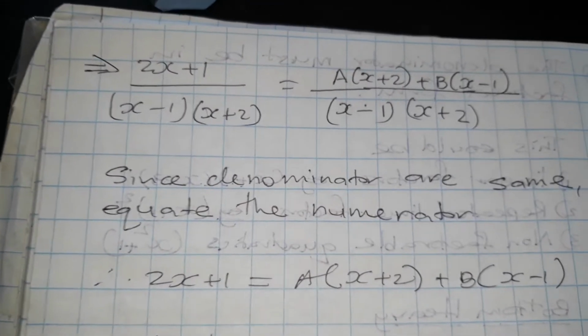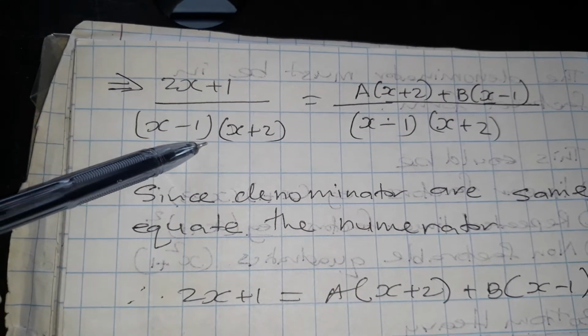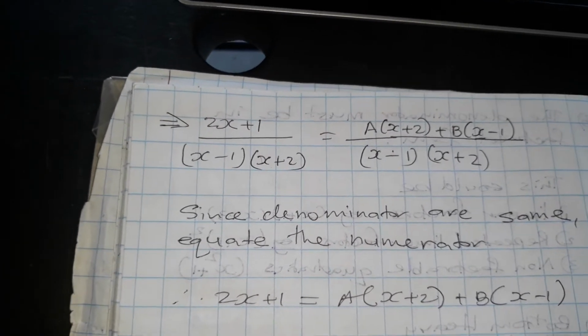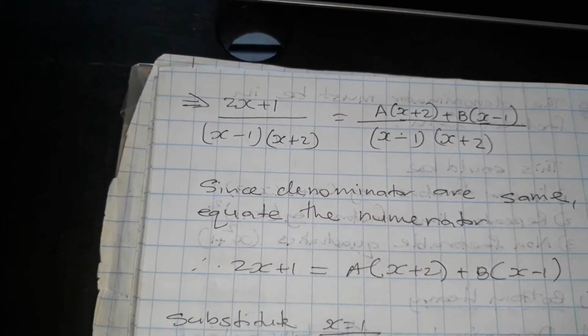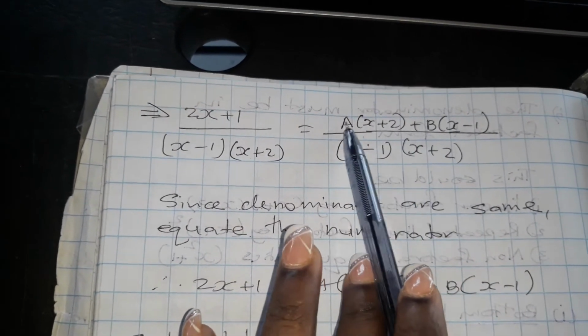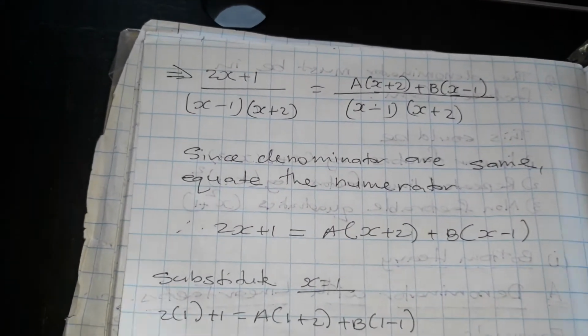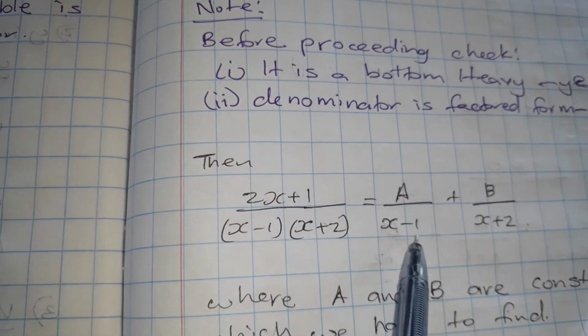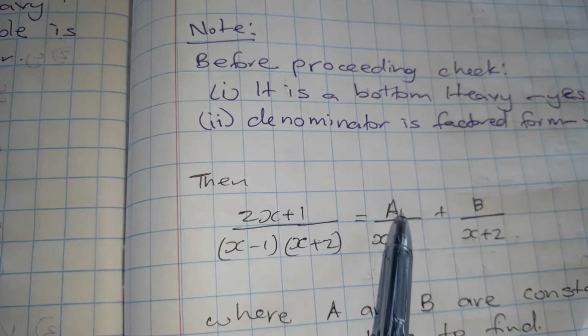The way we add or subtract fractions, we multiply the denominators and cross multiply, and we'll end up like this: A into (x plus 2). I'll go back to explain that again. I'll draw the line and then cross multiply.